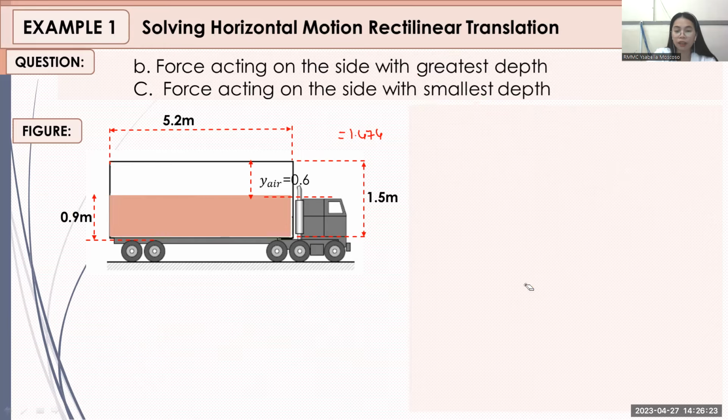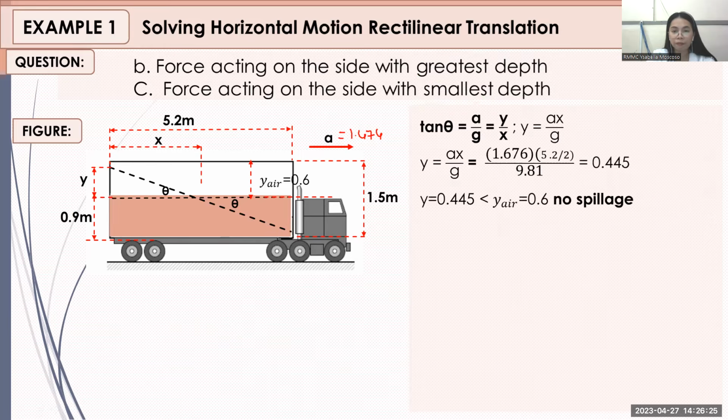Erase ko na lang lahat yan. So that would be y over x is equals to a over g. In terms of y, no, kung i-cross multiplication natin yan, your y is equivalent to ax over g. No, I hope naintindihan niyo yan. Cross multiplication lang naman. So y is equals to ax over g.